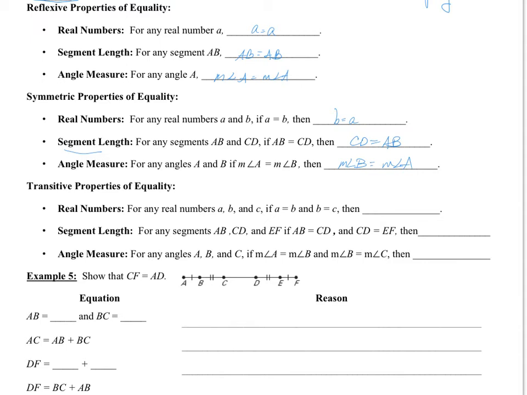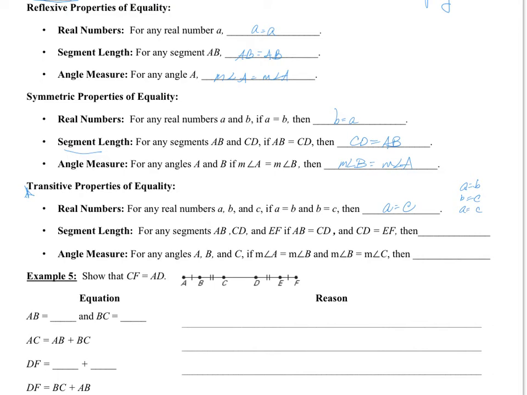And then the transitive properties of equality. This is going to be a very widely used property here. For any real numbers A, B, and C, if A equals B and B equals C, then A equals C. So if you look at it vertically, it would be like that.